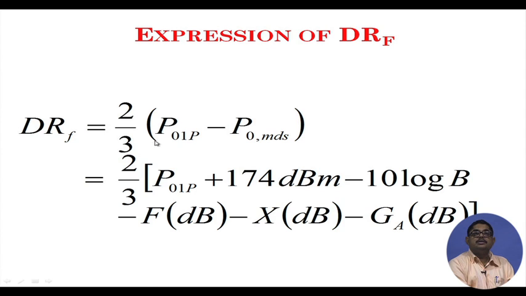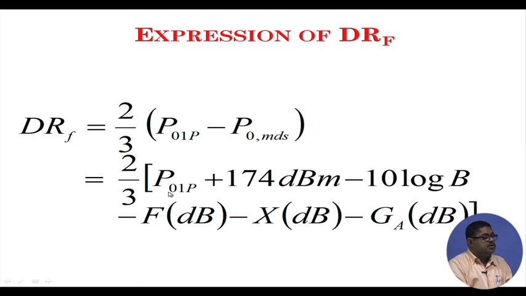Previously, we have given the definition of output dynamic range with this, that OIP, our actual thing, the 1 dB gain compression point minus POMDS, but DRF we are saying it is here. We have the expression POIP, then this POMDS, for which we have already derived the expression, minus 174 plus all those.